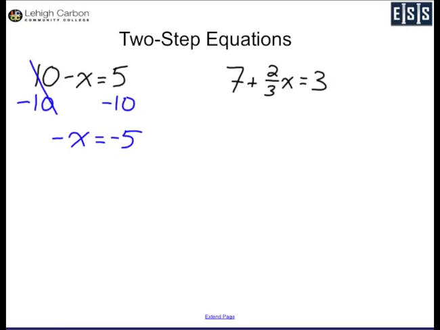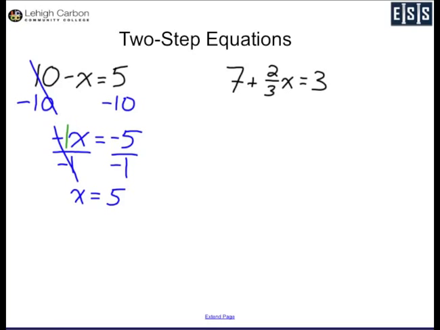So right now I have negative x. There is an invisible 1 in here. So it's really negative 1 times x equals negative 5. So I'm going to divide both sides by negative 1. So x equals 5.